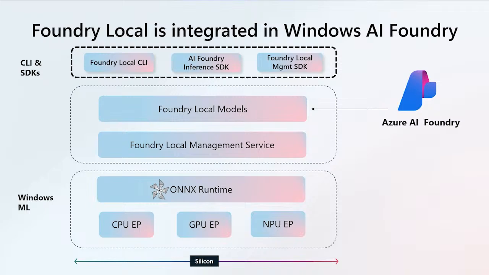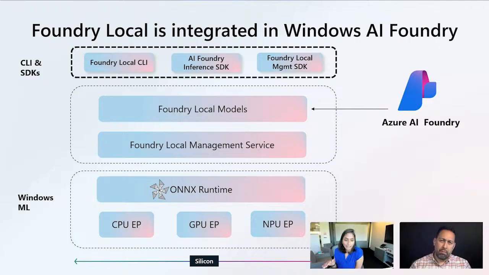Developers should not be in the business of packaging them up and making sure end users get the right execution provider to accelerate on their particular silicon. So Windows has the intelligence to do it. Foundry Local is able to rely on that intelligence to be optimized for that particular silicon, and to remove that burden completely from developers to package and distribute it appropriately.